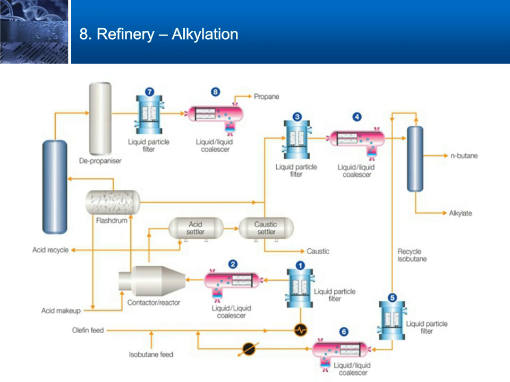So this is doing a bulk removal before this stream mixes in with the olefin feed back into the unit. Up on the top left, we can see the propane stream coming off. There's often the need for trace caustic removal with filters 7 and 8 performing this function.